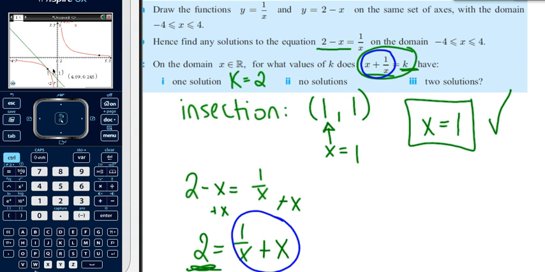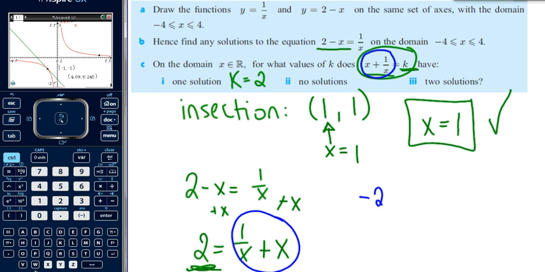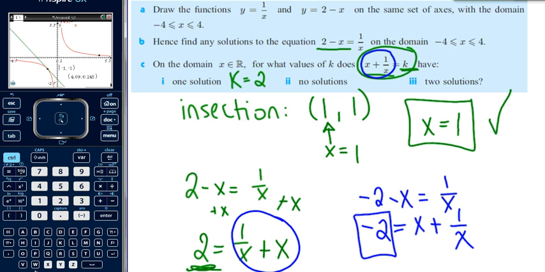You can see again there's just 1 solution, there's just 1 intersection there. And in that we get the solution -1. So that's when k equals -2. I used the equation -2 minus x and equated that to 1 over x. So when we add x to the other side, we'll get -2 equals x plus 1 over x. So when k equals 2 or when k equals -2 is going to give us 1 solution.